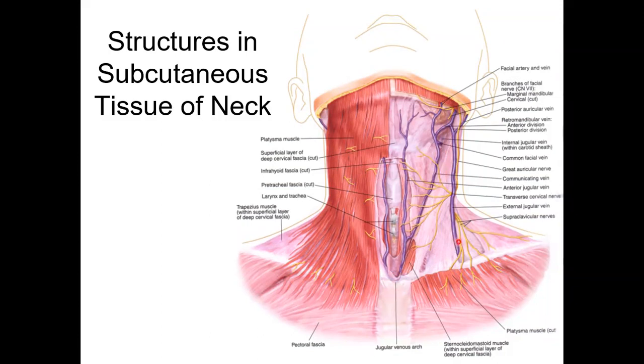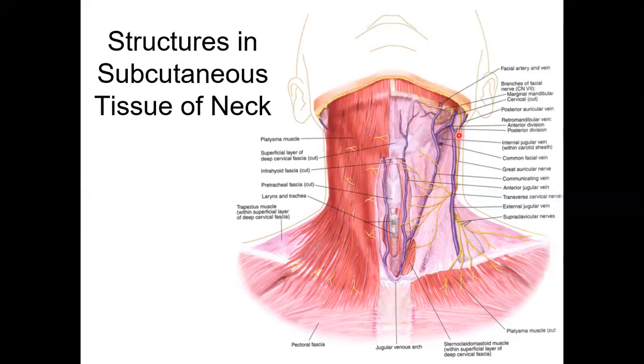And then it's not easy to see here, but there are different branches of nerves coming down to do innervation in this area. So your supraclavicular nerve is here, and then your transverse cervical nerve is here.